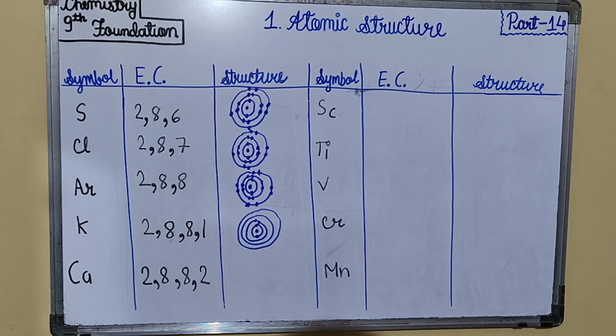When we make the fourth shell stable, now it is stable. In scandium we'll take 2, 8, 9, 2. So like that, for making the fourth shell stable, we have to take 2 electrons in it.